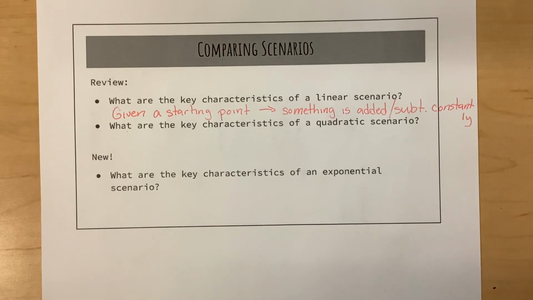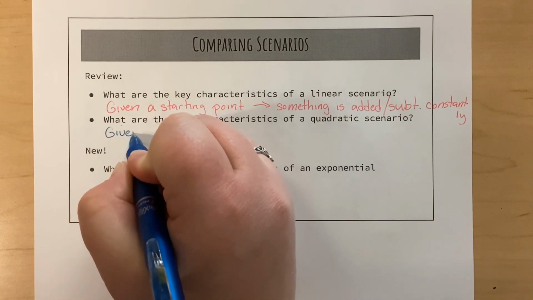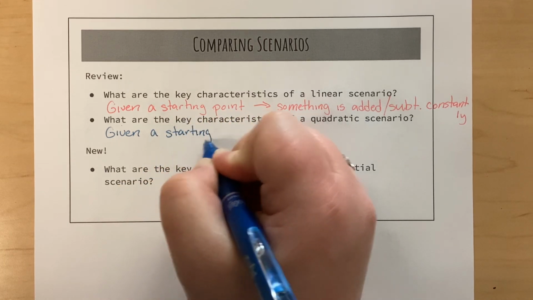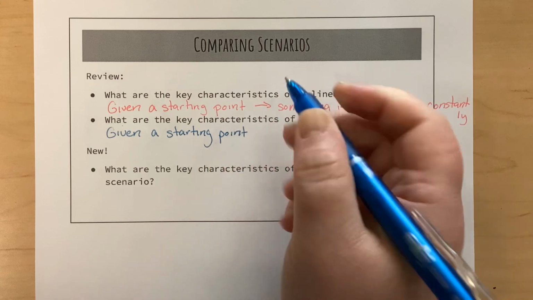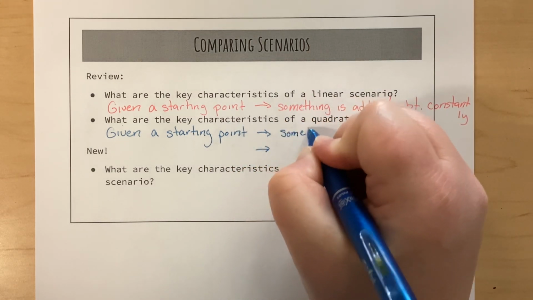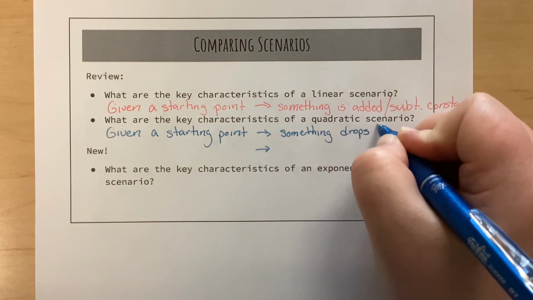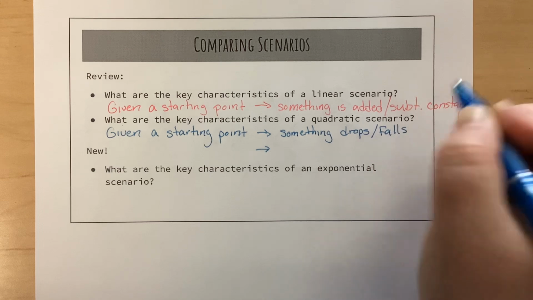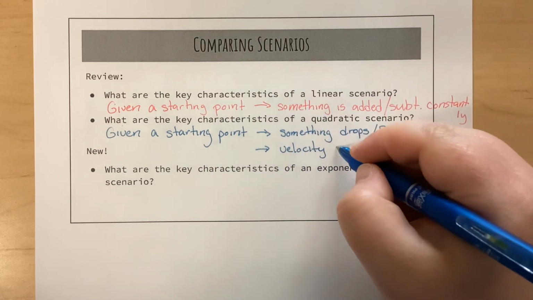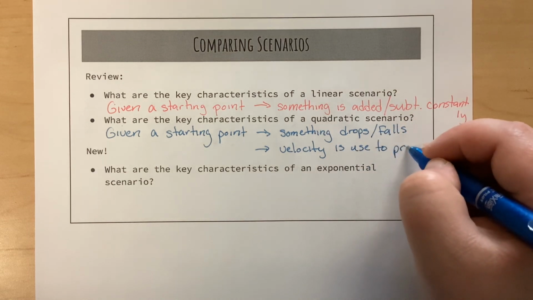Okay. Quadratic is a little bit different. You are still given a starting point, but then one of two things is going to happen. Either something drops or falls, or velocity is used to project something somewhere.